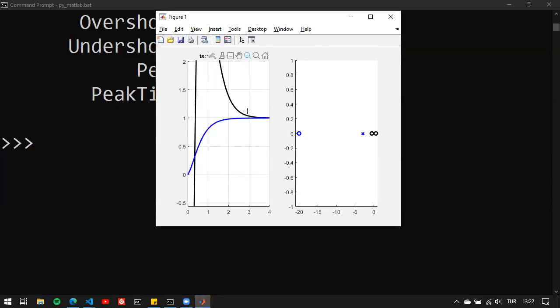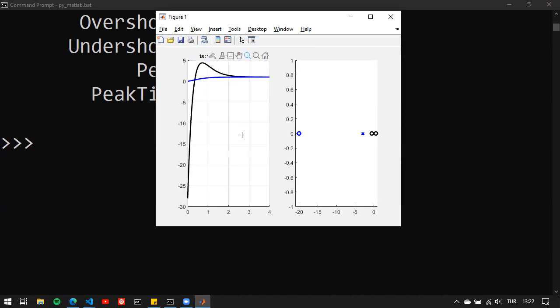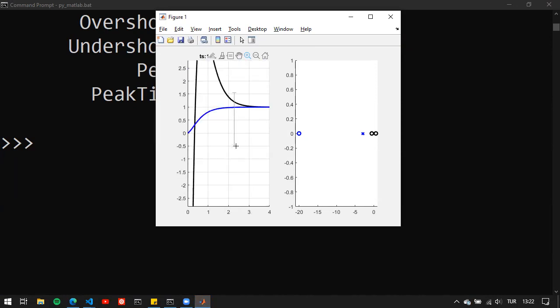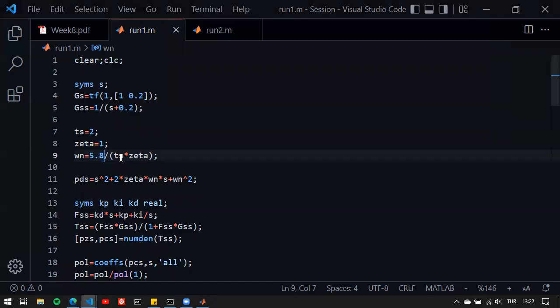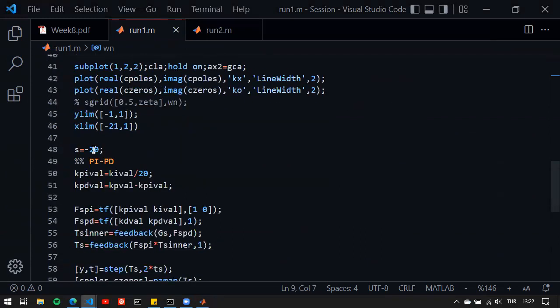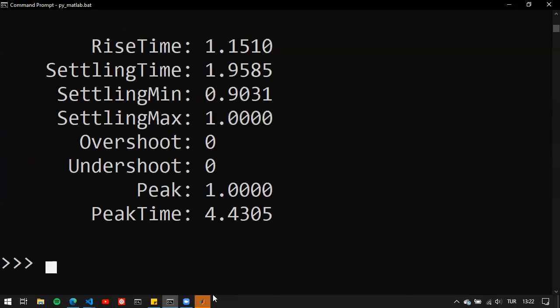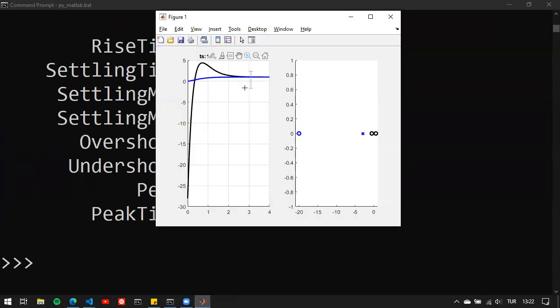You can see that we have basically 2 seconds of settling time and a much better response here. Of course, you can change the dominance factor here. You don't really have to use 20. You can also use maybe 10. And you can see it still works.